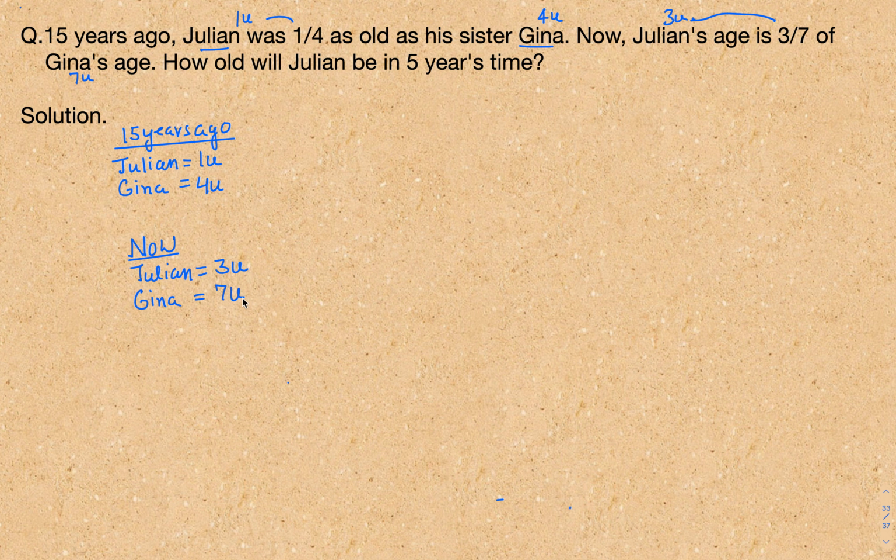Now I might have told this in my previous videos as well, that for age questions, one thing you must remember is that the difference in the age of two people never changes.